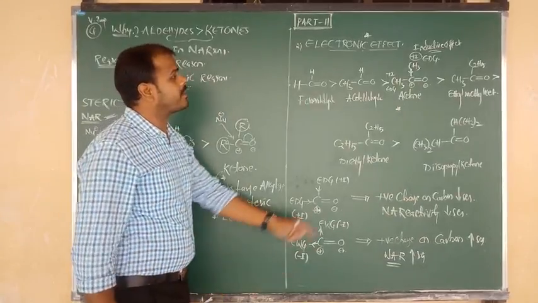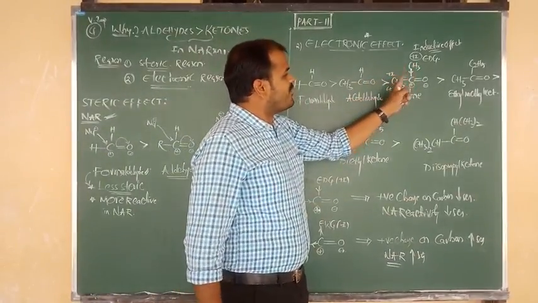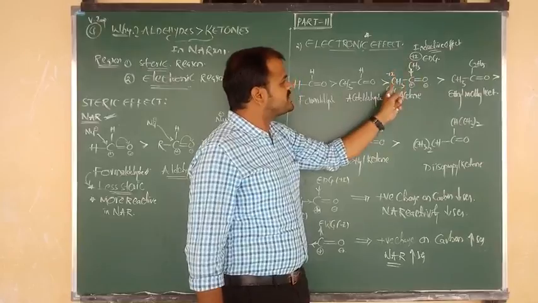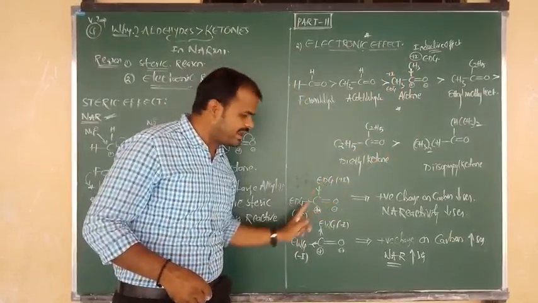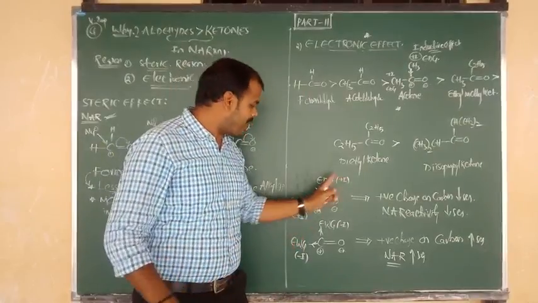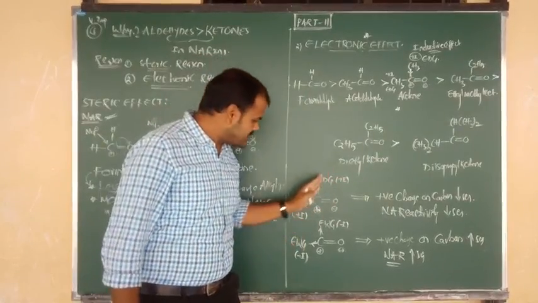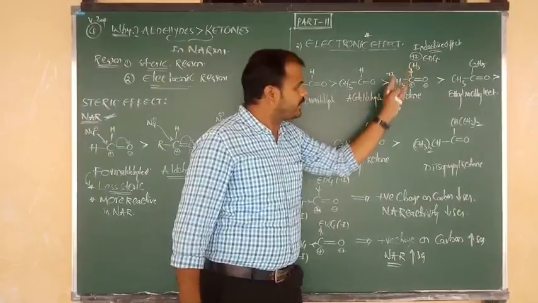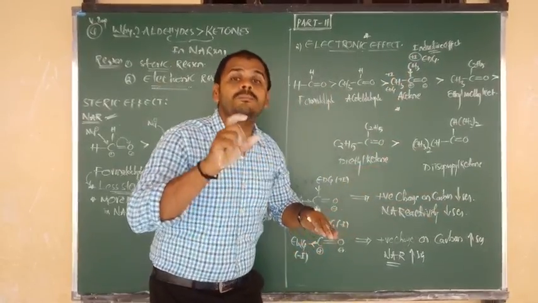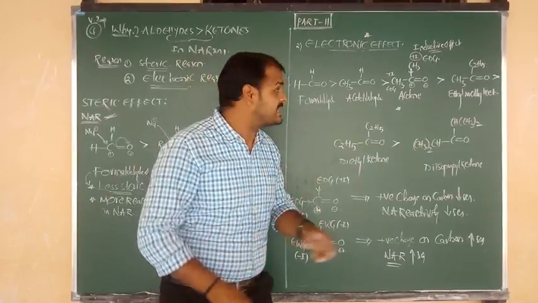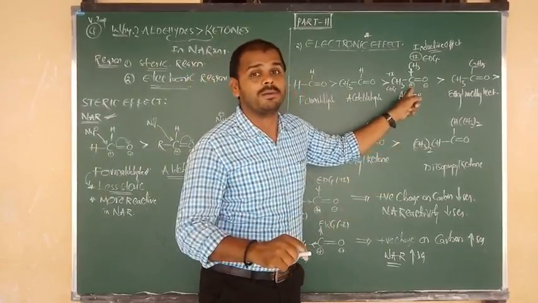So once again, the alkyl groups which are present in ketones have electron donating nature, they have positive inductive nature. In presence of electron donating groups in ketones, they decrease the positive charge of carbon, they decrease the electrophilicity of carbon.